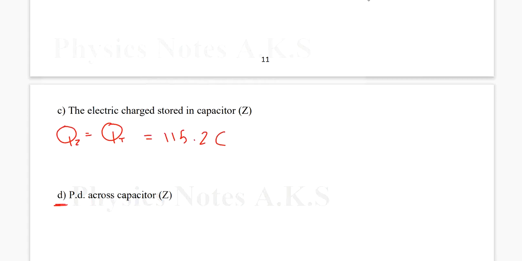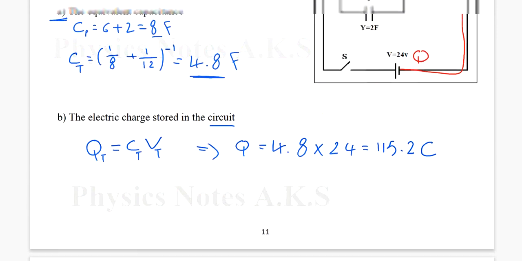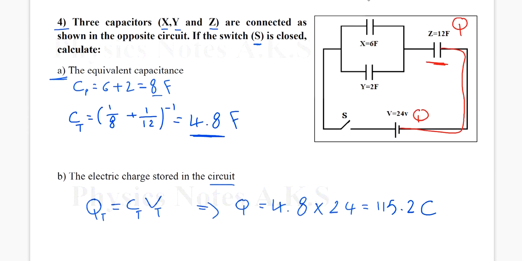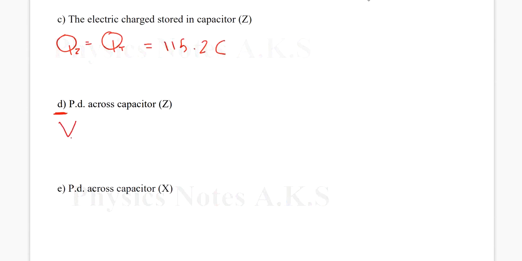Now they want the potential difference in capacitor Z. Let me go back here. So this is the Z. I have the capacitance and we just got the charge, so simple, I can find the potential difference. The voltage in Z is going to be Q over C, which is QZ, which is Q total, and C is CZ.